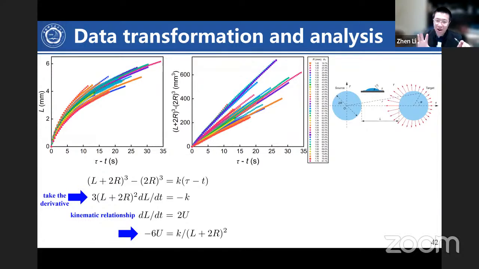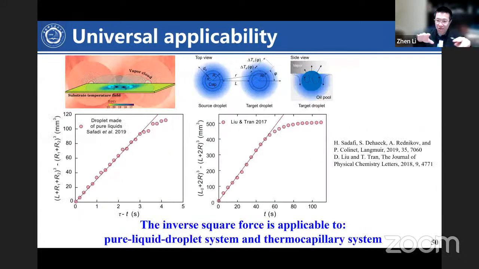I'm wondering how different the suspension droplet case is from the two droplets sitting on the solid surface, and how much difference there is in your analysis. I think there's no roughness or steepness in your formula, but actually the formula is very powerful and can predict both cases.